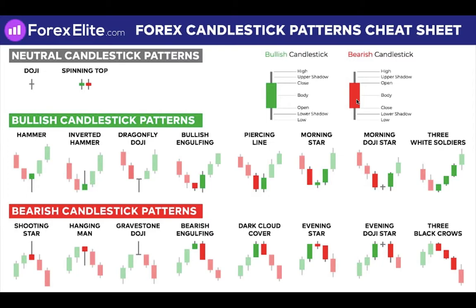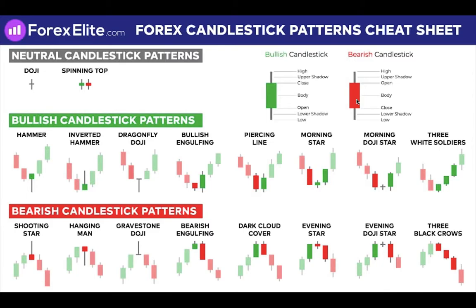I'm pretty sure they experienced a lot of losses, those who were in a buy position with the US dollar. So it is good to always be in touch with the news, to always know what is going on.